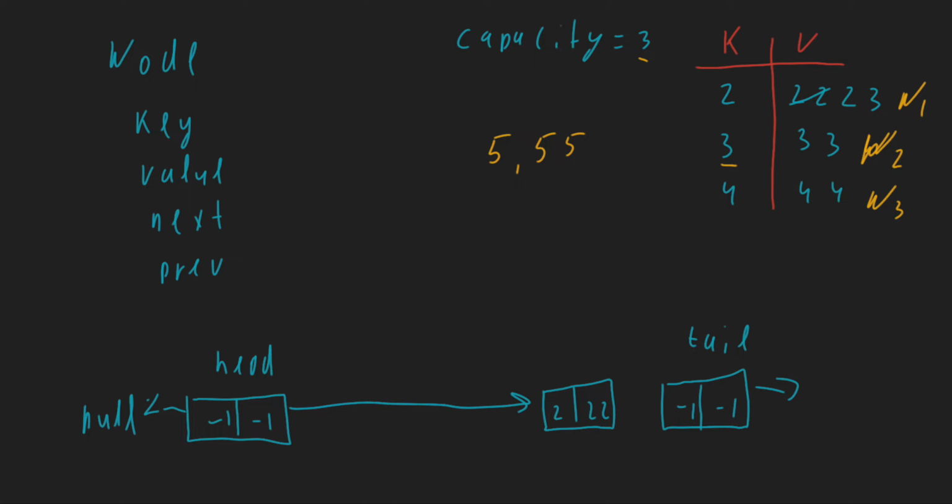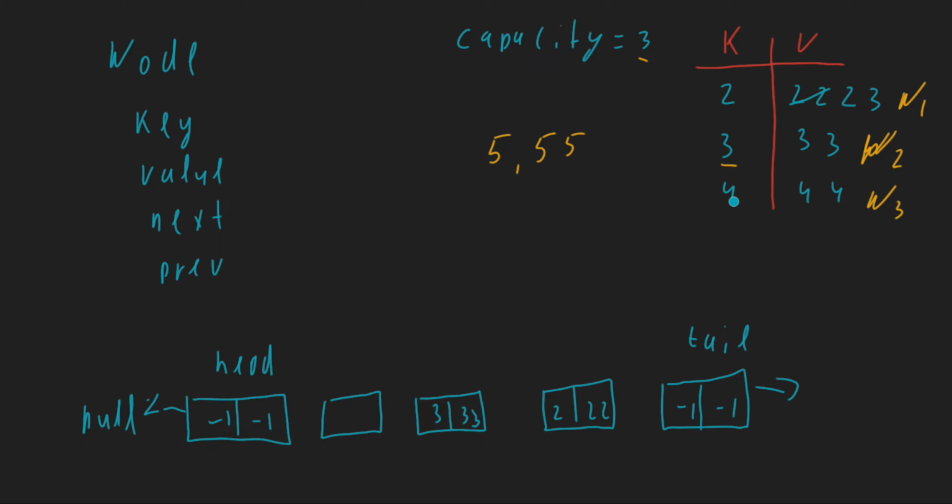Let's say that now we are adding the next one, 3 and 33. We are adding that here. And now we are adding the next one, 4 and 44. Each time, we are adding that next to the head.